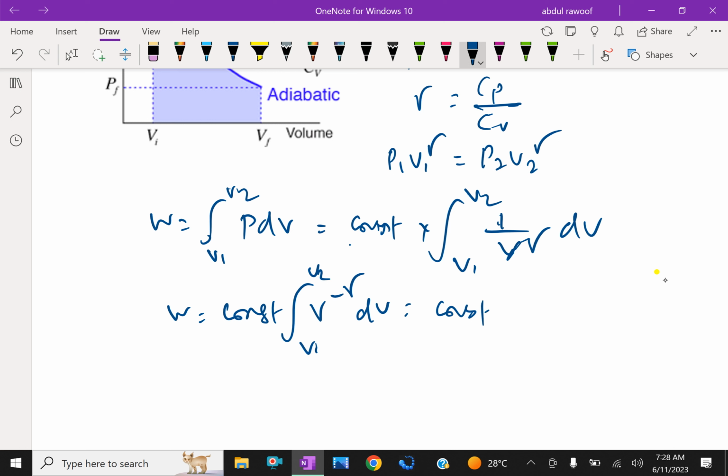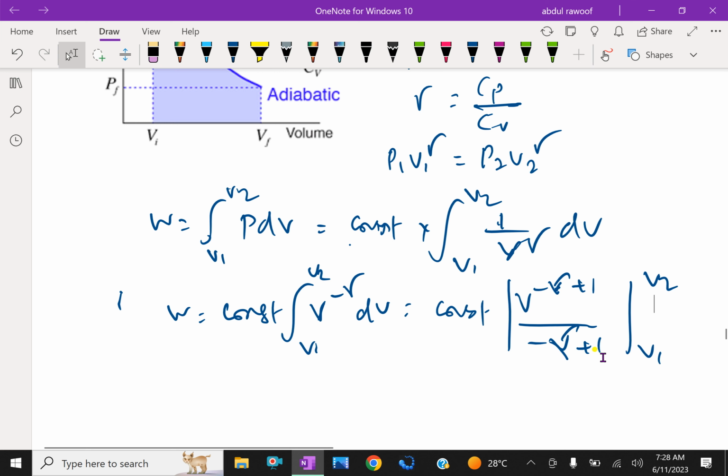This equals constant times V to the power minus gamma plus 1, over minus gamma plus 1. Then the two limits V1 to V2.